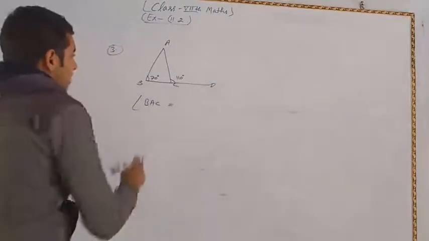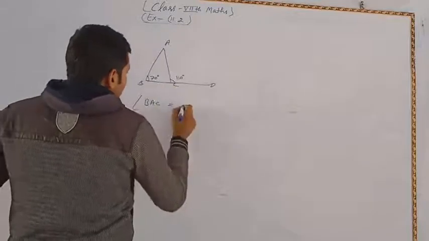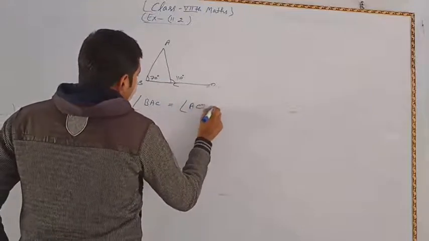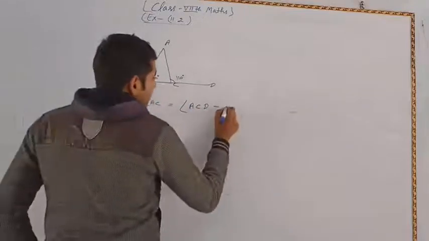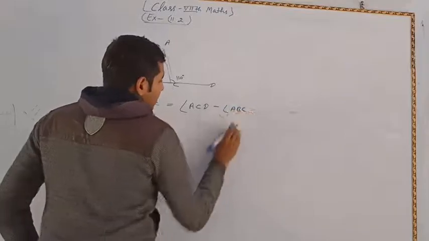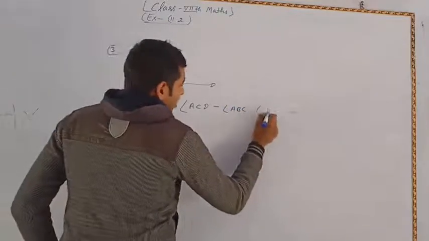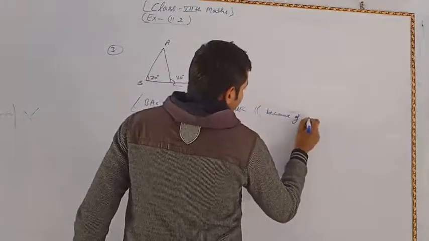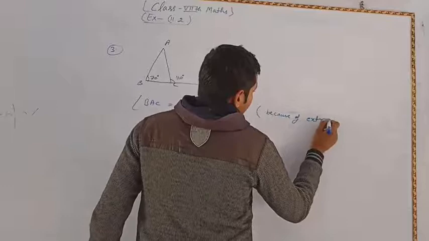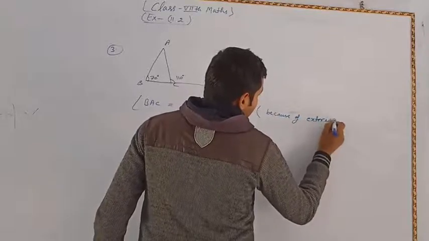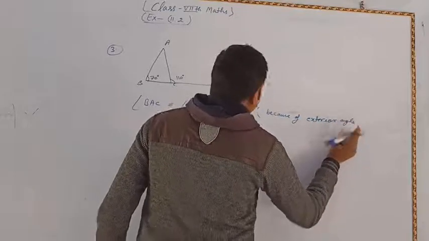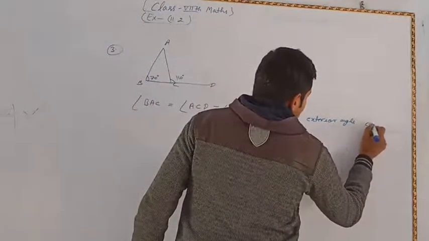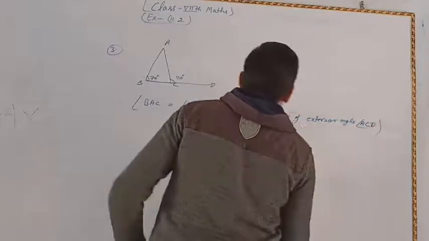So we know that angle BAC is equal to angle ACD minus angle ABC. Okay, because of the exterior angle ACD.